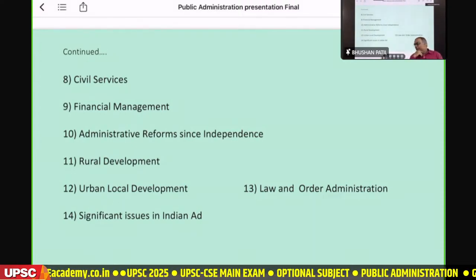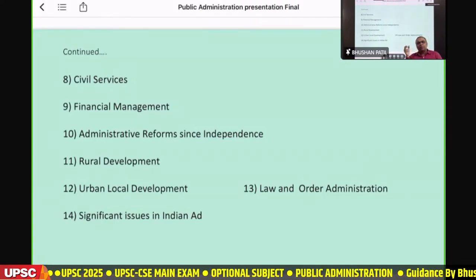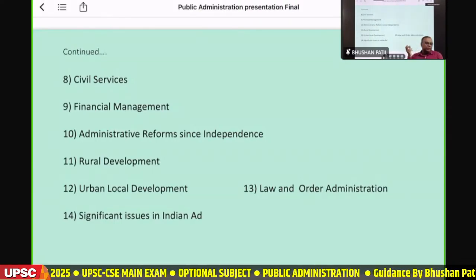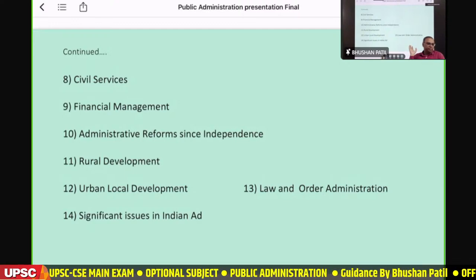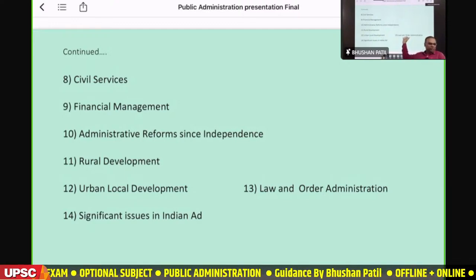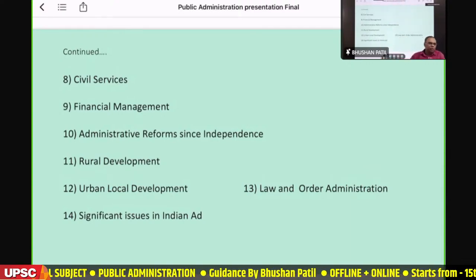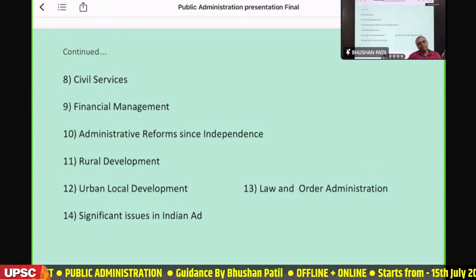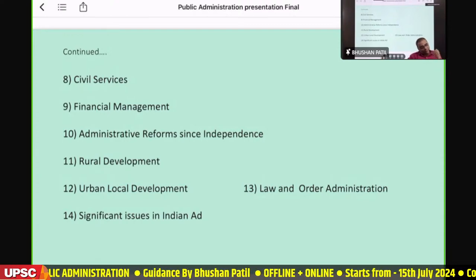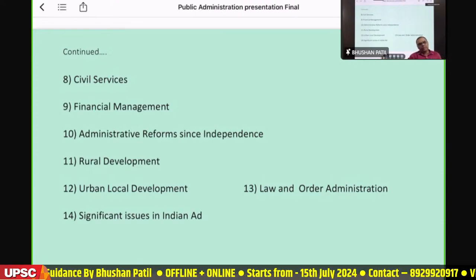Central police forces or central organizations, their role in maintaining law and order in India, public-police relationship, all these things we study here, relatively less important, very easy. And different issues in Indian administration, like Lokpal, Lokayukta, that is an issue in India. Regulatory agencies, that is an issue in India. Okay, so some issues are there. Those issues we will study in this last unit.